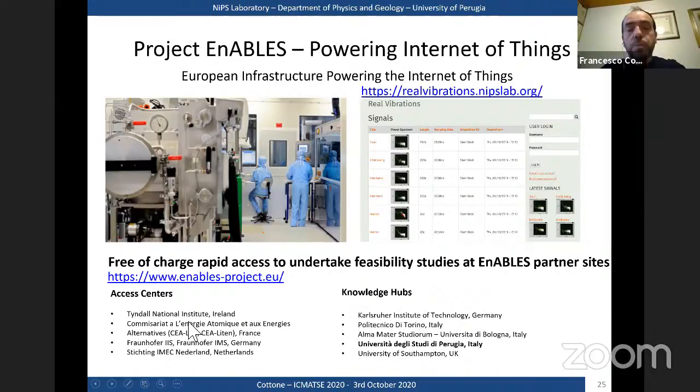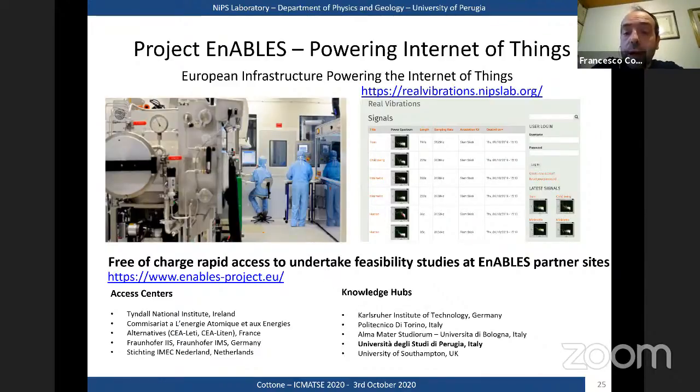So this consortium provides free of charge access to the facilities to make research on energy harvesting, energy storage, and micropower management. And it is open to all Europe, but also outside Europe. So if you want to have access, just go to this link, enablesproject.eu, and make a free registration.